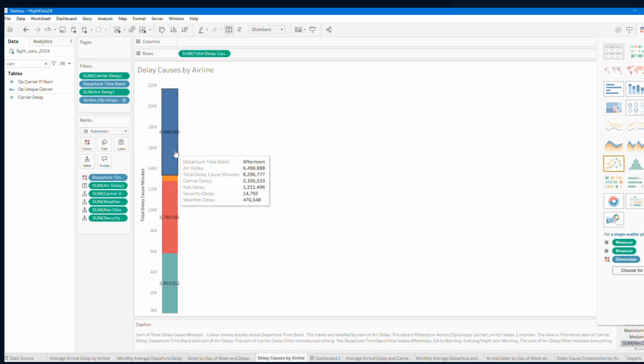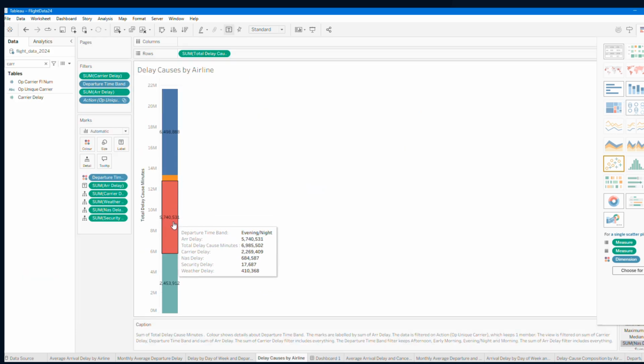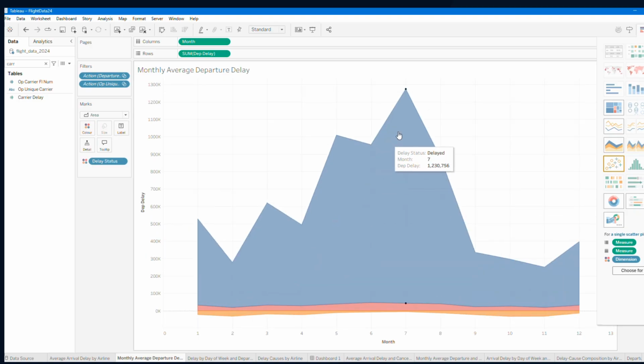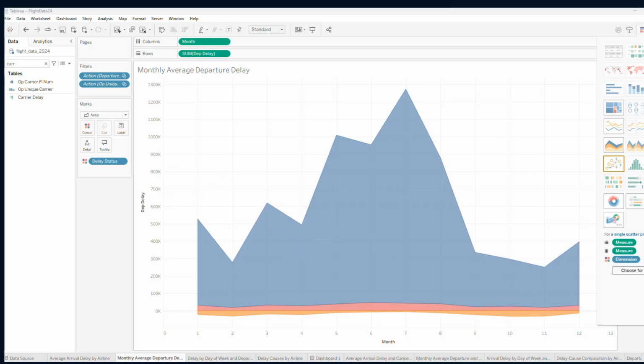Then I would inspect monthly line charts or heat maps to show when delays are most serious. Then I would review delay cause charts to determine whether delays are mainly internal, such as carrier or late aircraft delay, or whether they are external, such as weather or NAS delays. Finally, I would reset the filters and summarize the overall operational story.